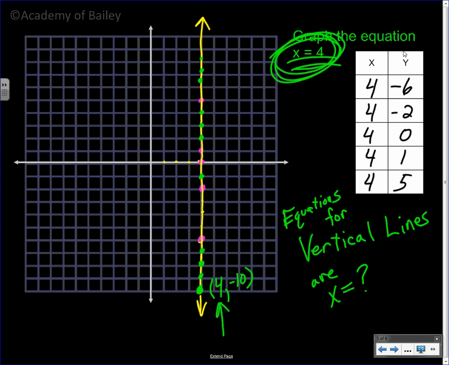Anytime you see an equation that says x is equal to something, you're going to get a vertical line. And basically, you get a vertical line that crosses at whatever it tells you. And in our case, x equals 4. The vertical line crosses the x-axis at 4.